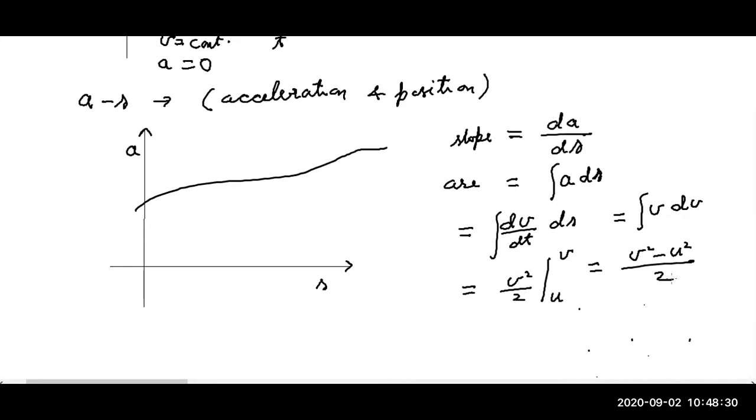So what does it mean? If you consider the area under the AS graph, this area is equal to the difference of squares of velocities, final velocity and initial velocity, divided by 2.